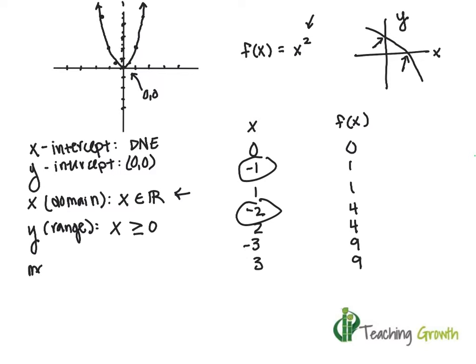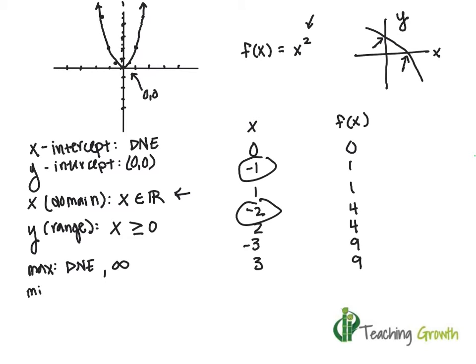So for a maximum, you can put does not exist. We usually put does not exist instead of infinity, but that's also a valid answer in this case, since as x reaches positive infinity or negative infinity, the y will also reach infinity on the y-axis.